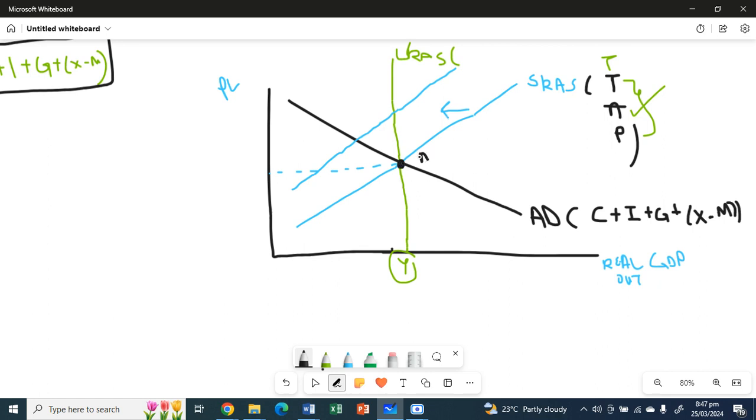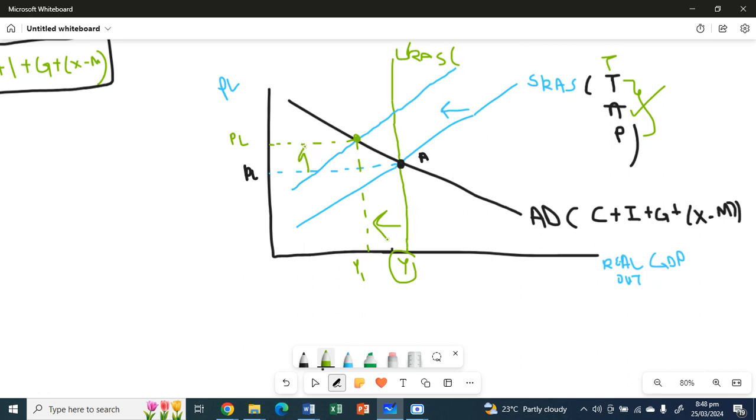So here we have point A. This is our equilibrium price level. Now, due to this shift in aggregate supply, we notice that the price level goes up and real GDP output is going to go down.